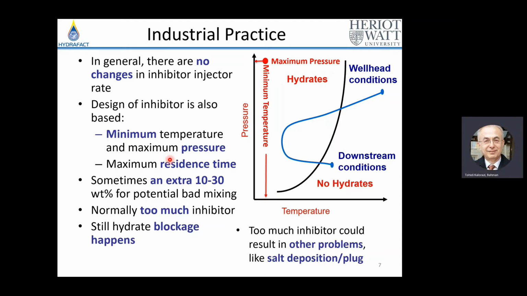And in addition to that, they take an extra 10 to 30% for potential bad mixing. Normally we use too much inhibitor.